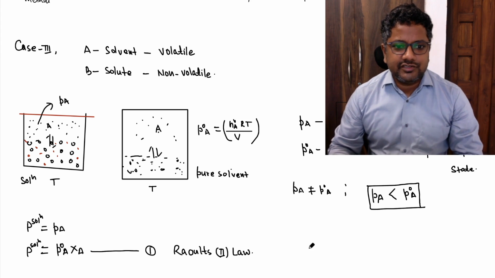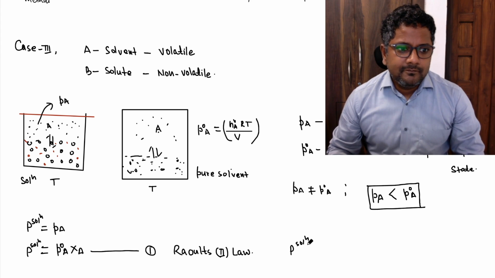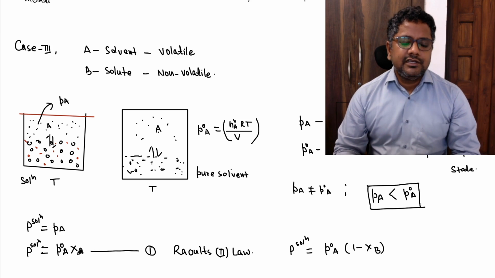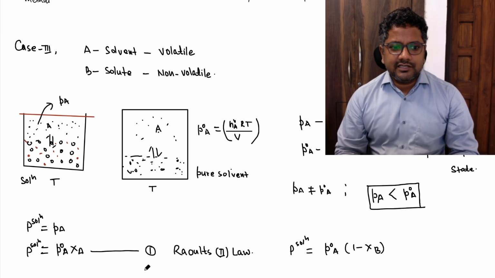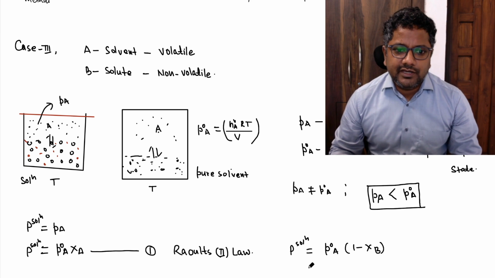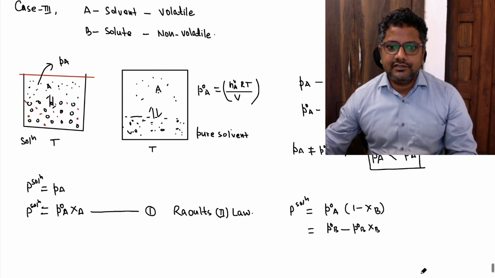Okay, now we can change some useful terms. P solution is equal to P naught A into 1 minus XB. We can write XA plus XB is equal to 1, so XA is equal to 1 minus XB. So we can write here P naught A minus P naught A into XB. Right?